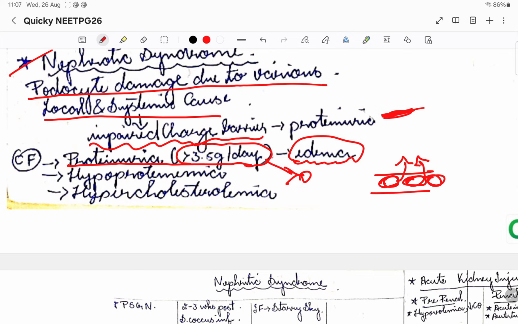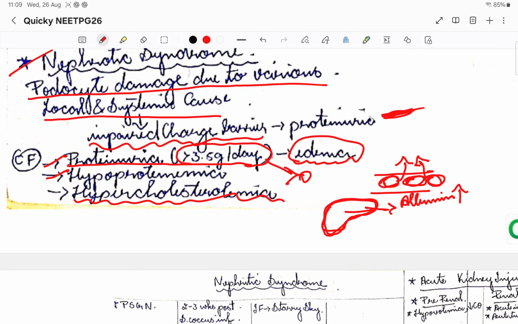Then there will be hypoproteinemia, because all the protein is getting leaked out, and there also will be hypercholesterolemia, because see, the liver basically produces albumin, okay. Now because there is reduced albumin in the blood, this starts increasing the albumin production.